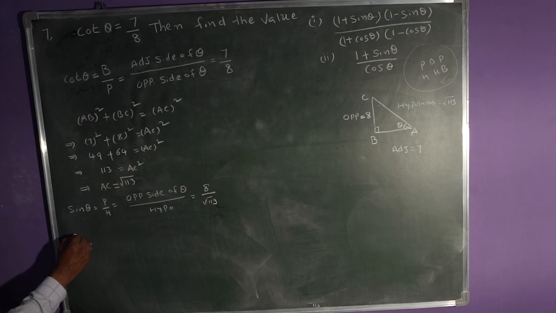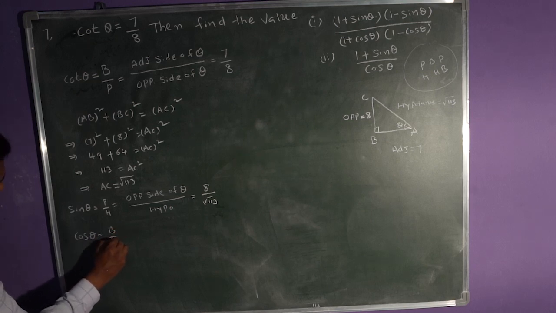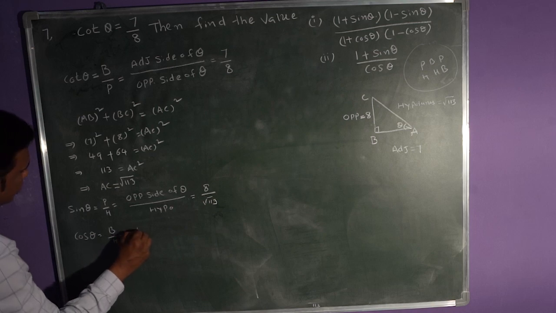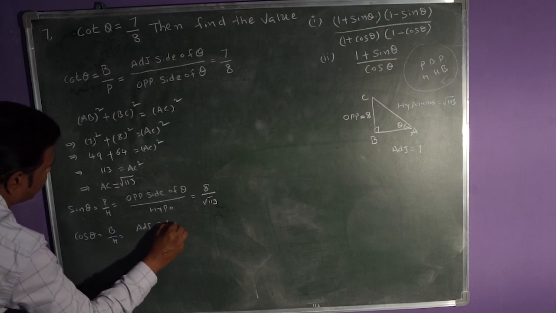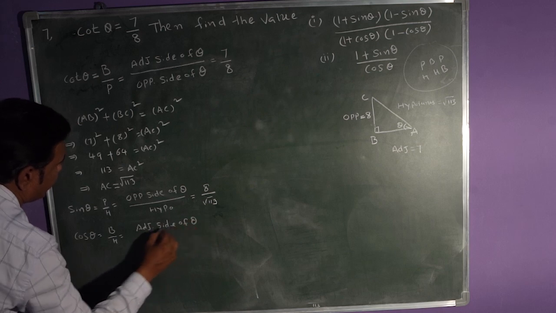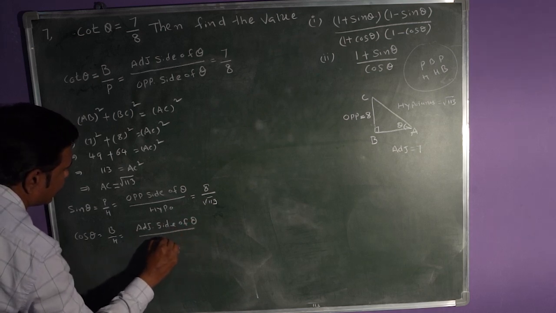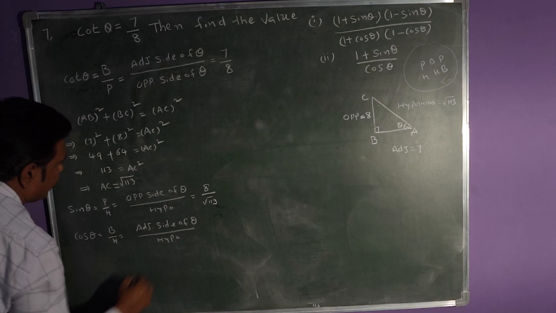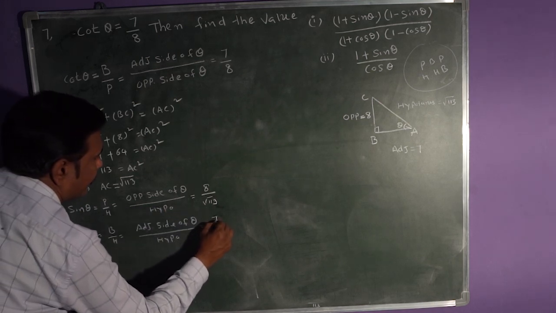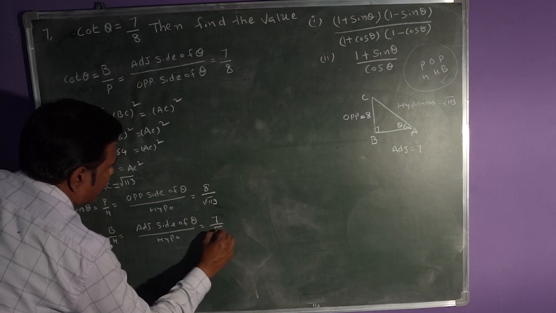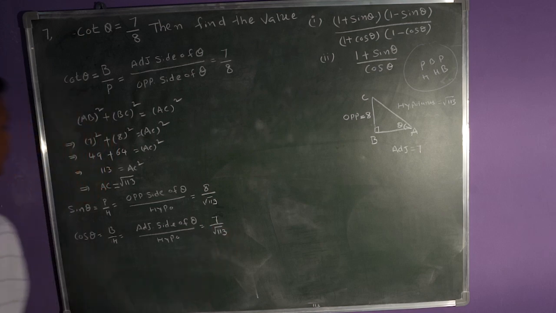And next one is cos theta. What is cos? B by H. B means base, the adjacent side of theta, by hypotenuse. What is adjacent? 7 by hypotenuse, root of 113.